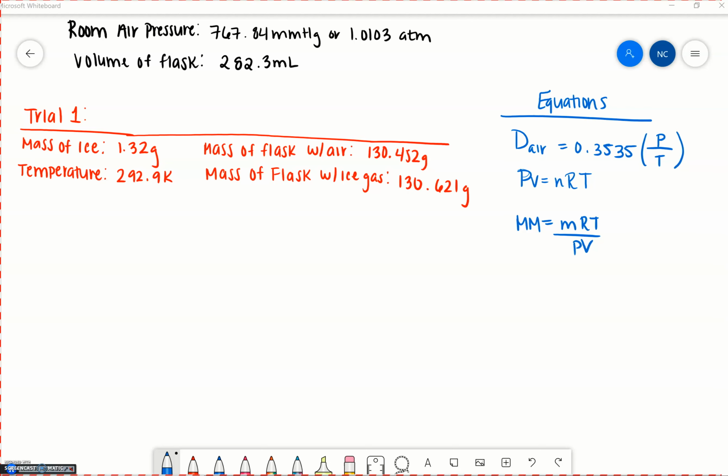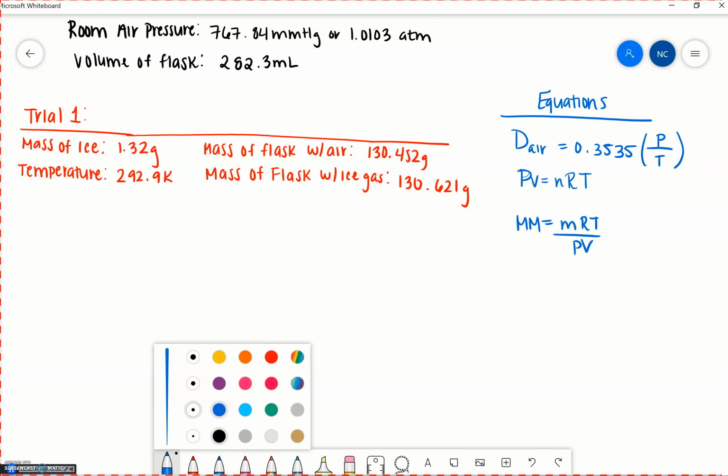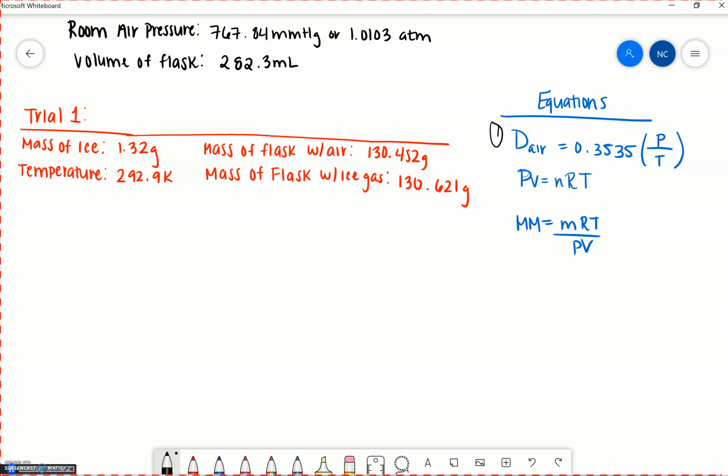So for this problem, there are two equations. There is the density of air and the ideal gas law. For the density of air, this first one, we're going to use it to find the mass of air so we can find the mass of the ice gas.